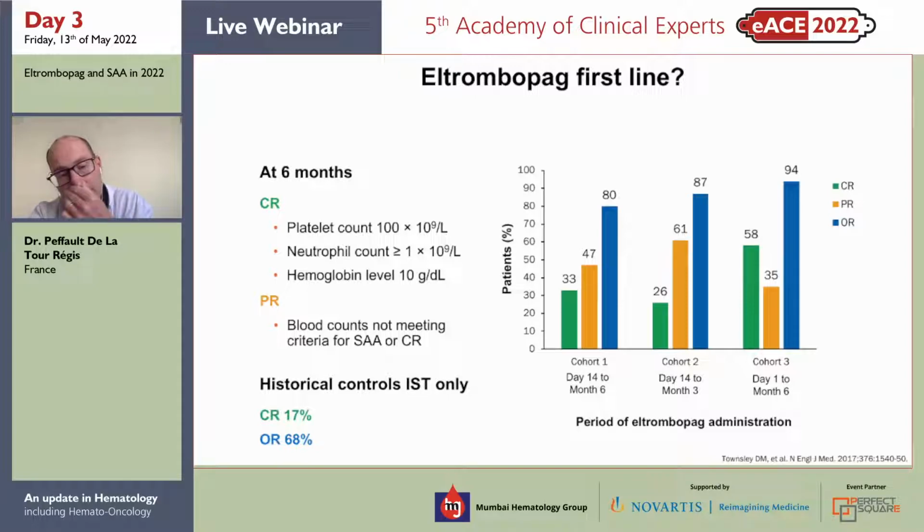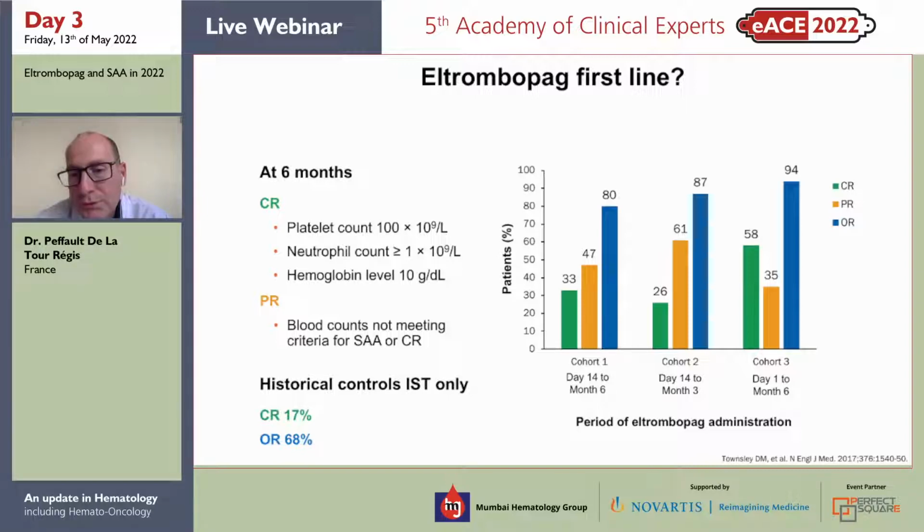So in other words, if you have an improvement in one lineage, but you are still transfused, you are considered by our American colleagues as a partial responder, while in Europe, you are considered as a refractory patient because you are still transfused. I'm sorry to insist on those classifications, but this is really helpful when you're reading our papers to understand why sometimes our results are different.